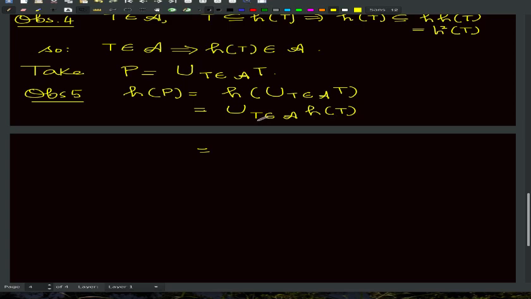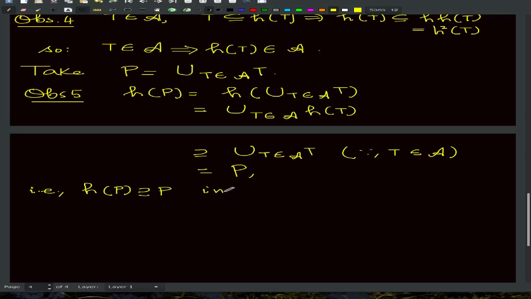Since you are taking T in A, each h(T) is larger than T. But this you have already denoted as your P, implying that P itself is a member of this. Okay? P itself is a member of A.